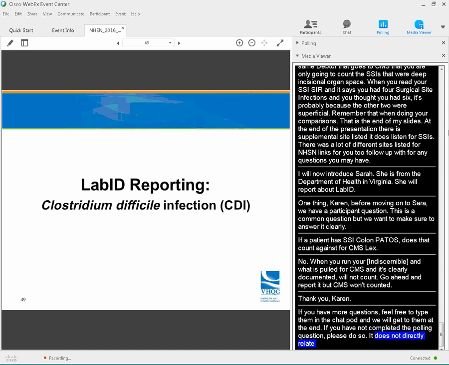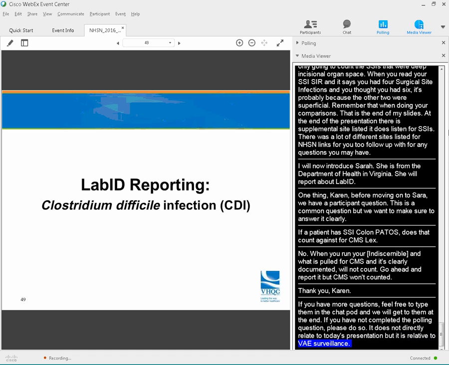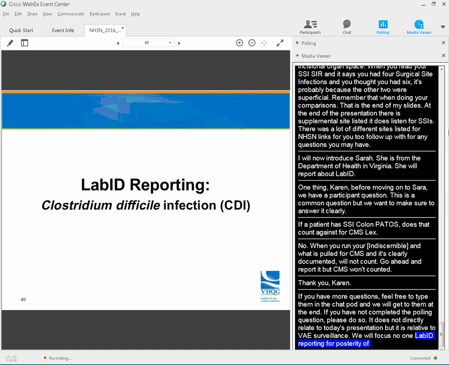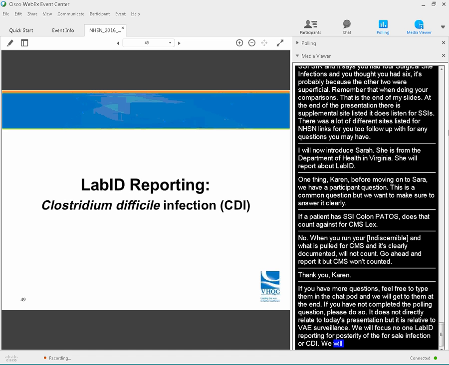So because of time limitations, we're mostly going to focus on lab ID event reporting for Clostridium difficile infection, or CDI. But most of what we will talk about also applies to lab ID reporting for MRSA bacteremia events, and there are additional lab ID slides at the end of your slide set.